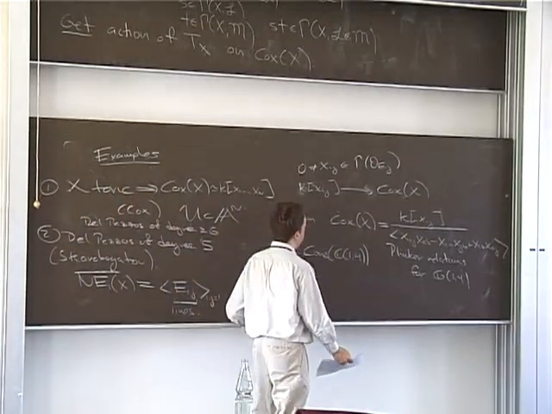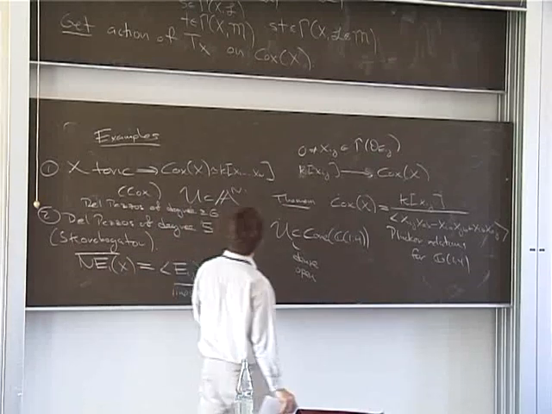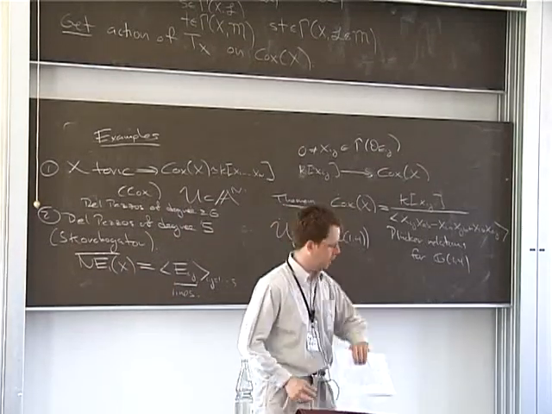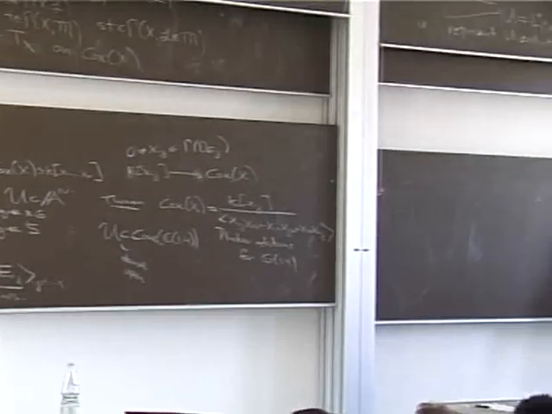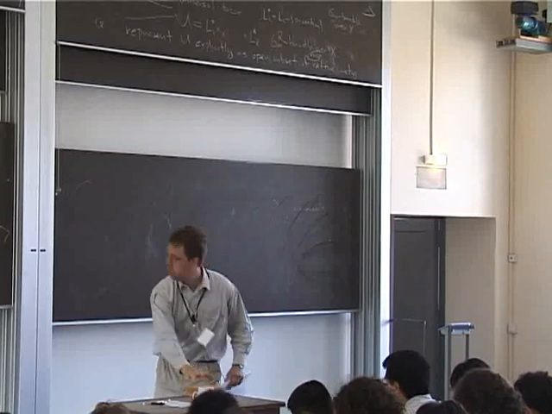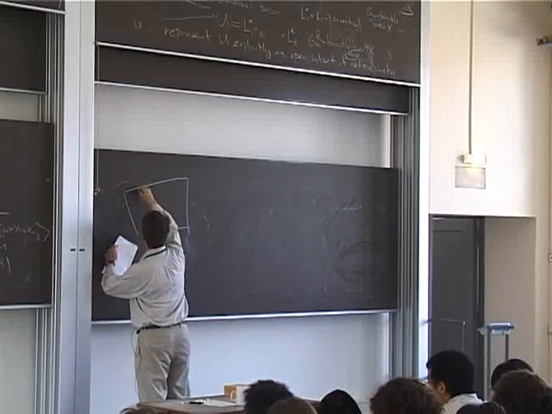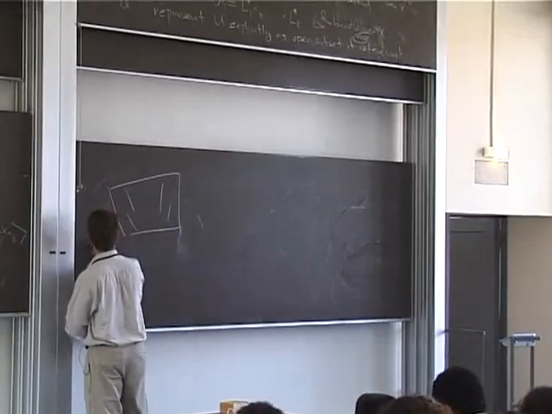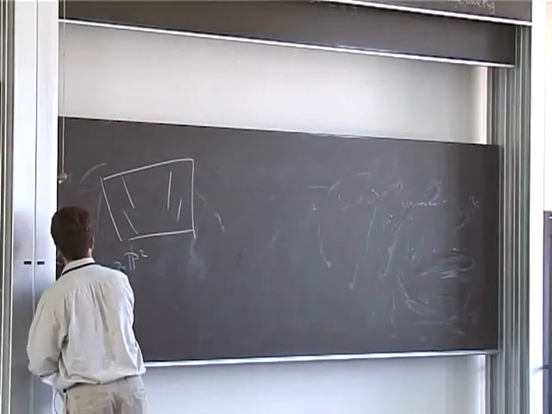So maybe I should say something about where these relations come from. I'm not going to prove this, but I'm going to give you some indication. I realize X is a blow up of P2 at 4 points in general position.